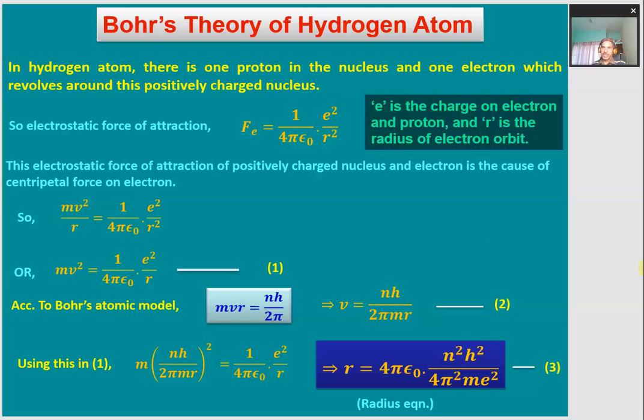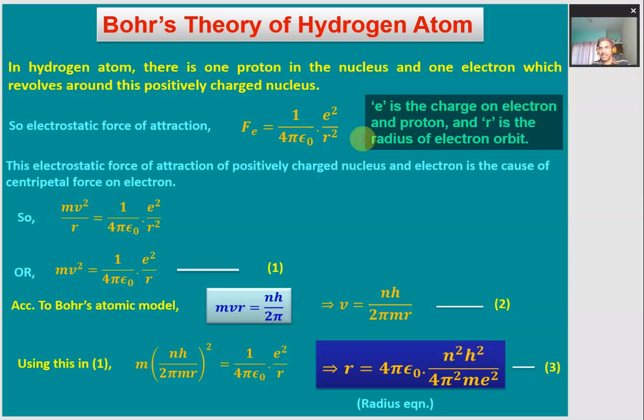This electrostatic force between the electron and the positively charged nucleus containing one proton is given by the expression 1 upon 4 pi epsilon naught into the charge on the electron multiplied by the charge on the proton, which are the same, divided by r square, where r is the separation between the positively charged nucleus and the electron, or this can also be called the radius of the orbit in which the electron is revolving, because the nucleus is at the center of the atom, and e is the charge on the electron.